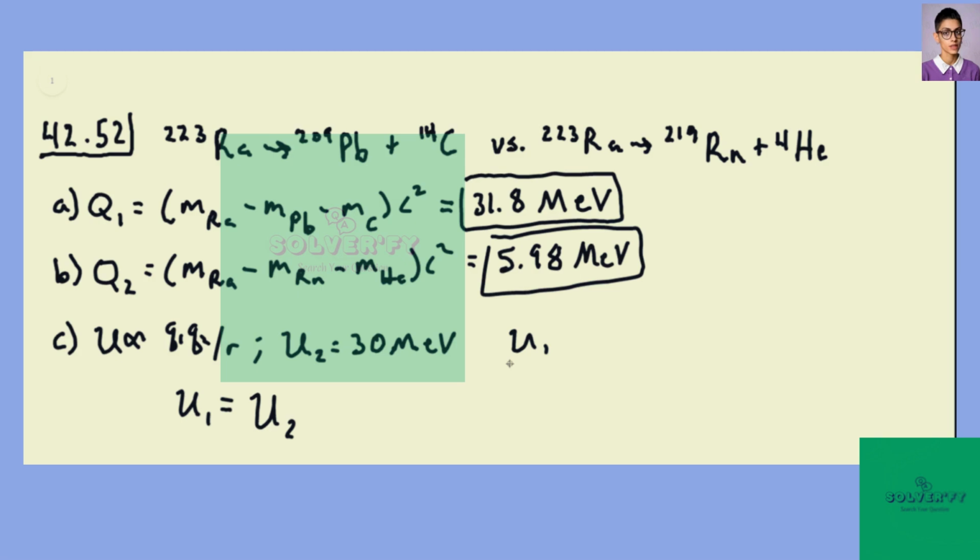We know that U1 divided by U2 is going to equal the charge of the lead nucleus times the charge of the carbon nucleus divided by the charge of the radon times the charge of the helium. These are the charges of the nuclei, because the R's will cancel then. And so then just multiplying both sides by U2, we get this expression.